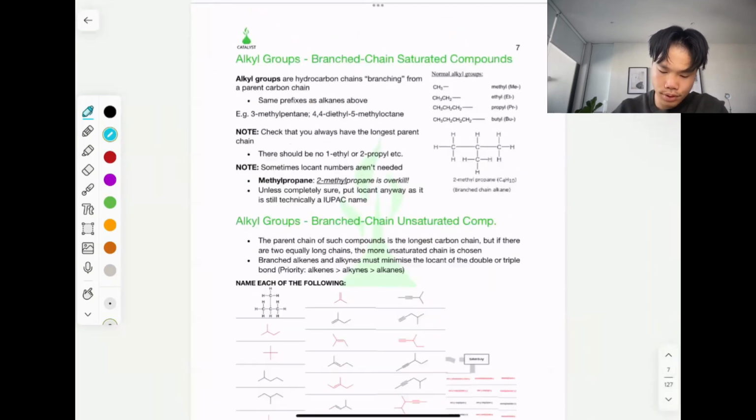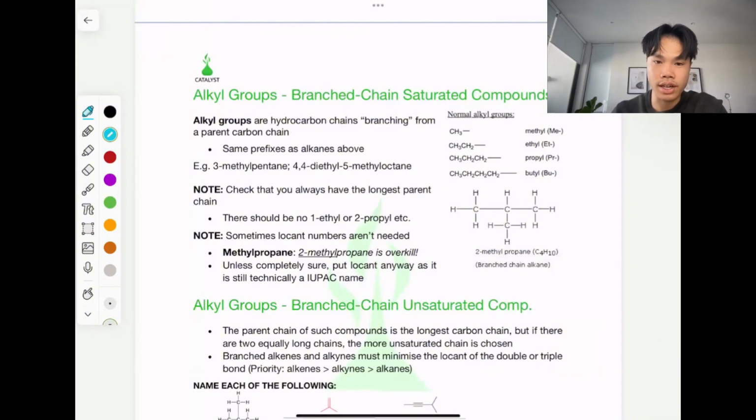For alkyl groups, we should recognize that these are your side chains, carbon chains coming off of the parent chain, and they essentially differ by the number of carbons, and they follow the same naming prefixes. So meth, eth, prop, but.